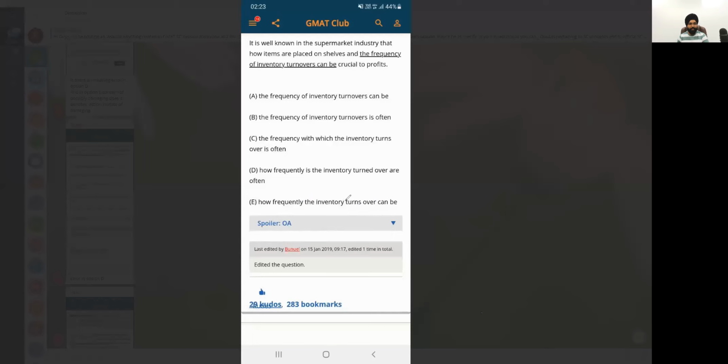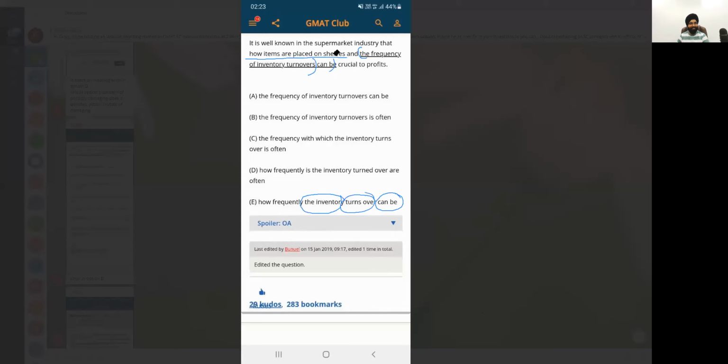The inventory is the subject. Turns over is the verb. Okay. "Can be", not sure whether the entire sentence is visible here. "Can be" is a common verb for these two nouns.